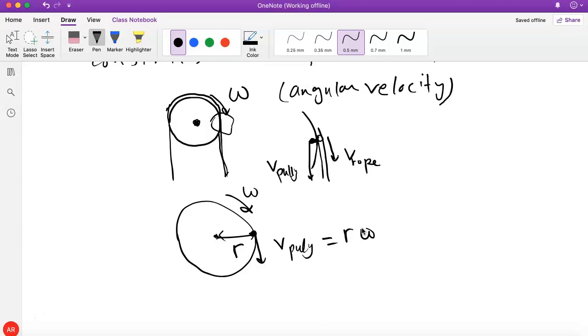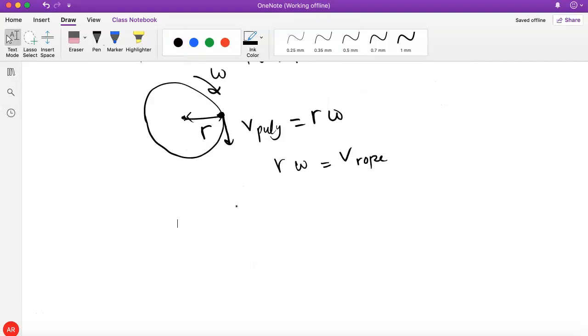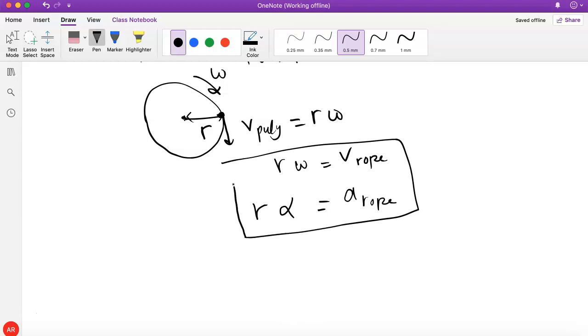If there's no slipping, this is equal to the velocity of the rope. We can also take a derivative of this. The time derivative of the velocity of the rope is the acceleration of the rope, and that's equal to r, a constant, times the rate of change of omega, which is alpha, the angular acceleration of the pulley. I think that's a good place to stop. Next time we'll continue with this discussion and work out some examples.